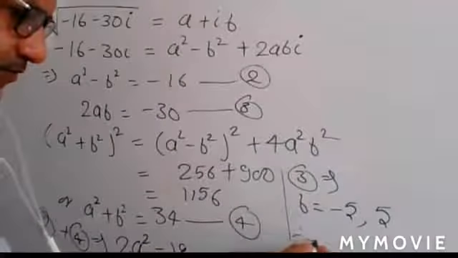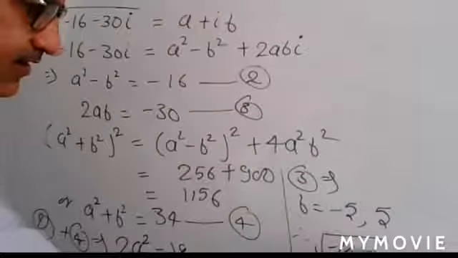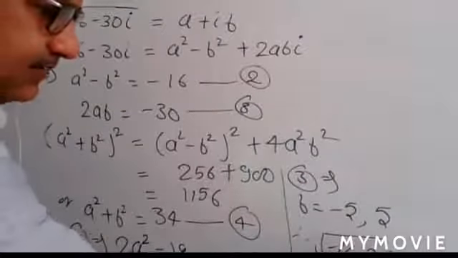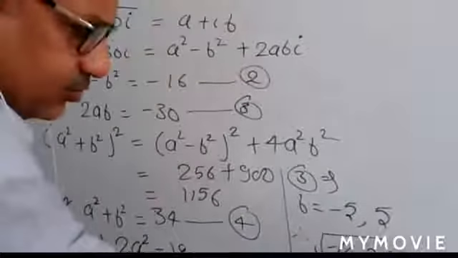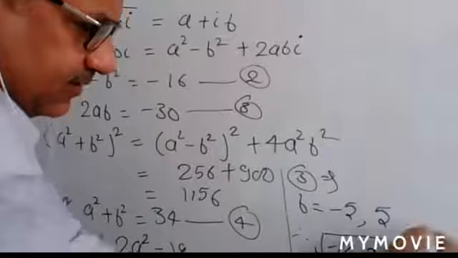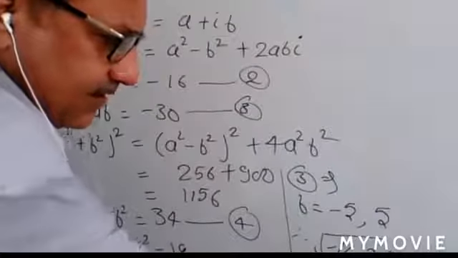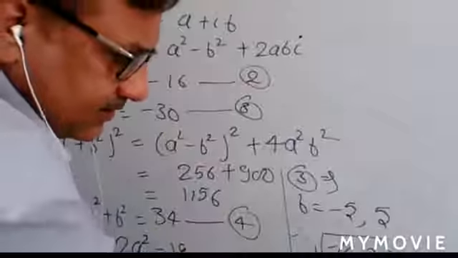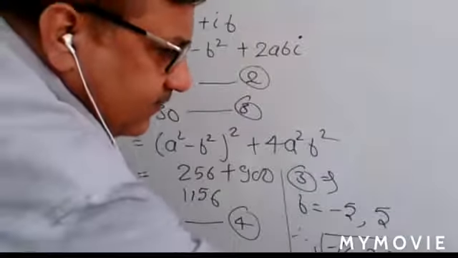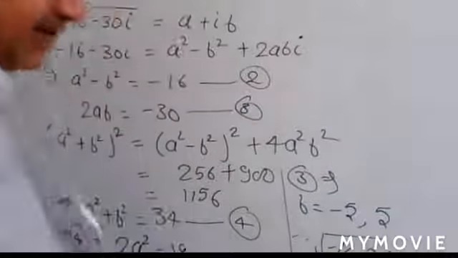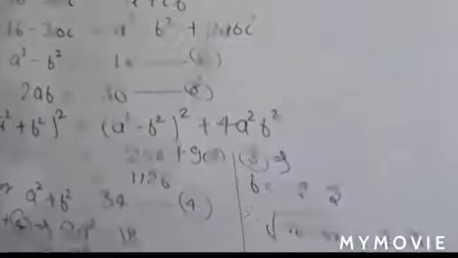So if a is equal to 3, then b is negative, so you have 3 minus 5i. Or your other result is minus 3 plus 5i. So in this way, you have the value of the square root.